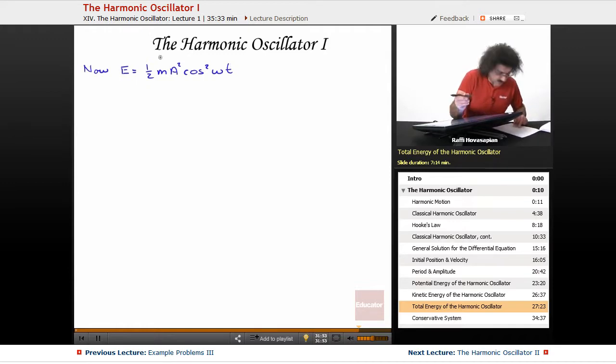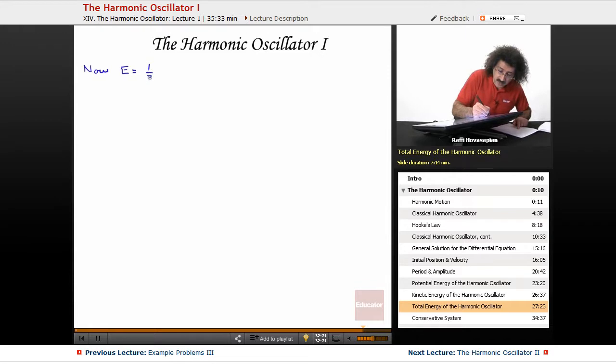Actually, let me just write it the way that I have it written here. I want to maintain the order that I've used. Potential is going to be the K, and it's going to be omega squared. Yes, that's right.